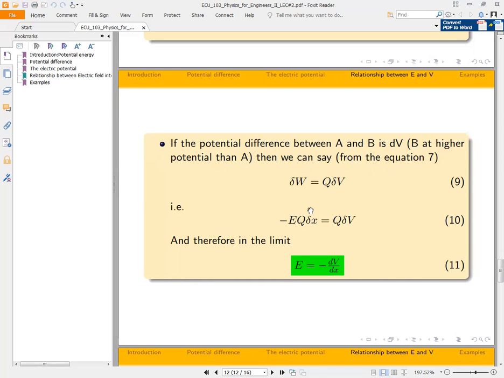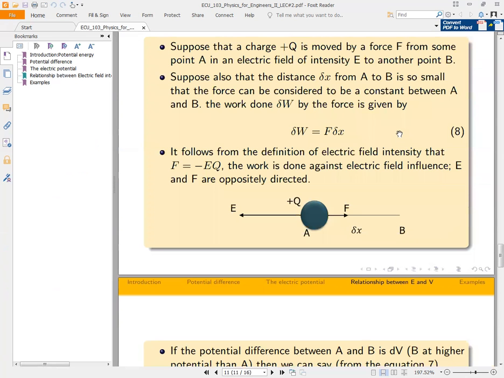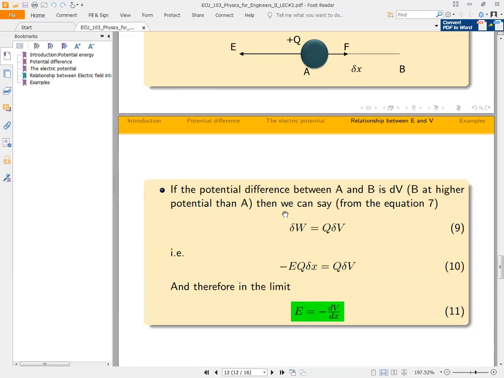So then delta W from equation number 8 is force times distance. But what is force? Force is minus EQ. So this is what you have.